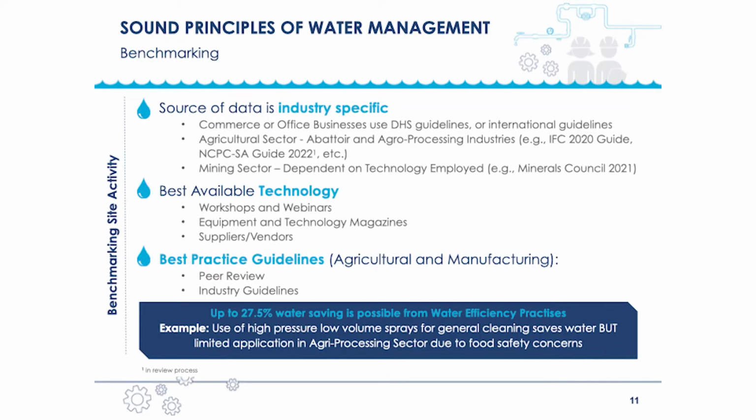I think I already mentioned the sources for benchmarking. There are also the guidelines that we are developing from the Water Center, obviously working with the NCPC as the funder.